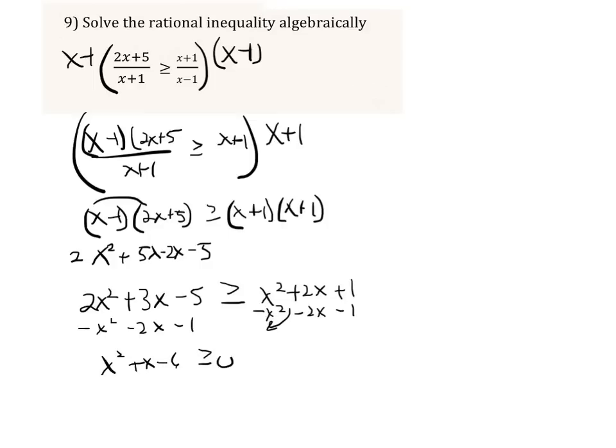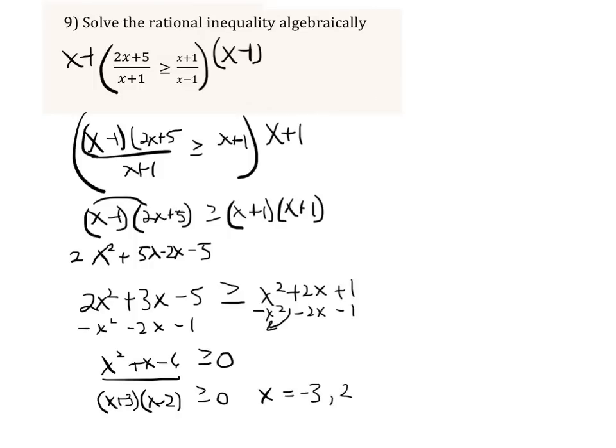So we're looking for x values that would be greater than or equal to 0 to plug into here. We want those intervals. So we're going to start by solving this. We get x plus 3, x minus 2, greater than or equal to 0. So then x is going to be equal to negative 3 or 2. And that's where we start with our intervals.